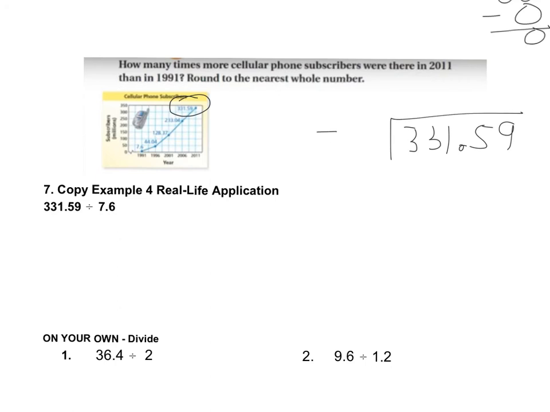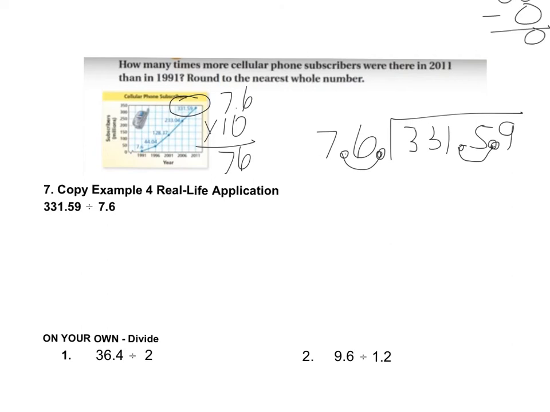Divide that by 7.6. Oh, we got to turn that 7.6 into a whole number, so we got to multiply it by a power of 10, which would be 10 to move that over 1. Make it 76.